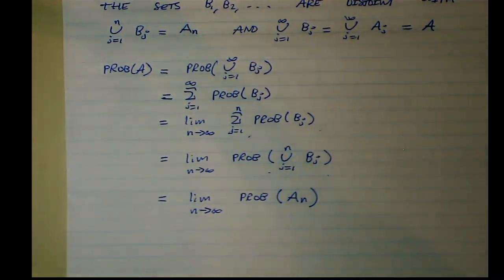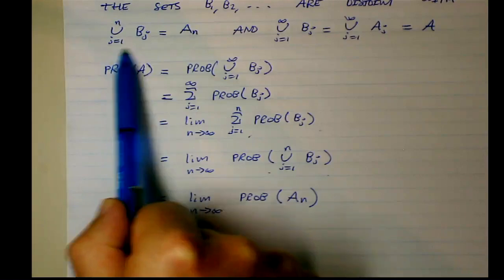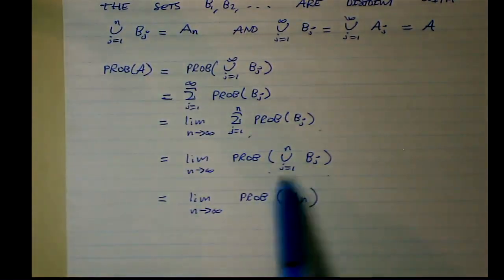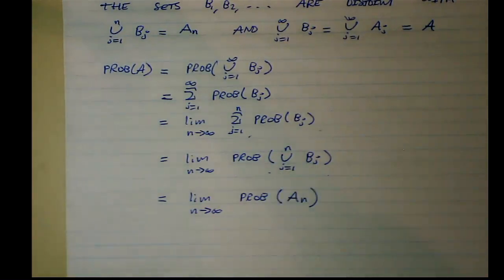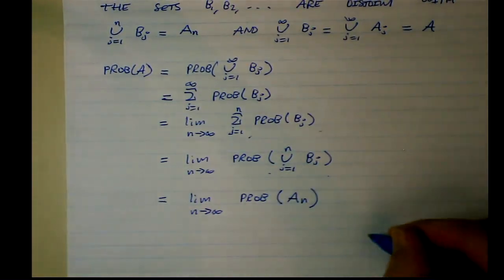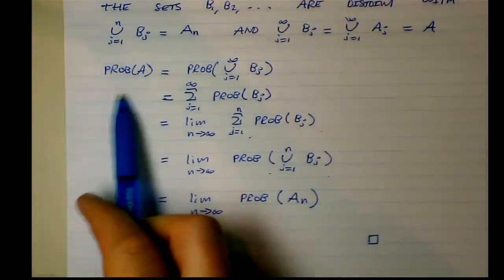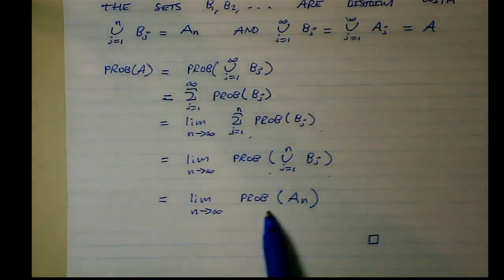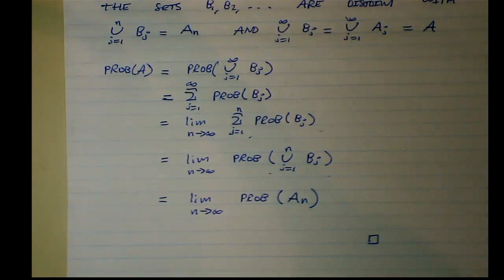That is just plugging that in. All right, and that's it. We have that the probability of A is equal to the limit as n goes to infinity of the probability of An if the events in the sequence Aj increase to A. So that's continuity of probability.